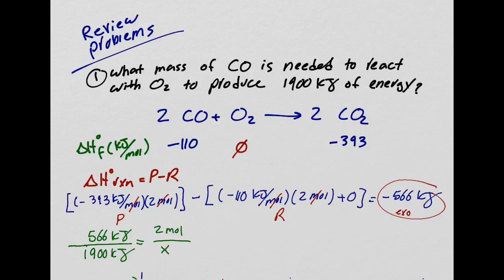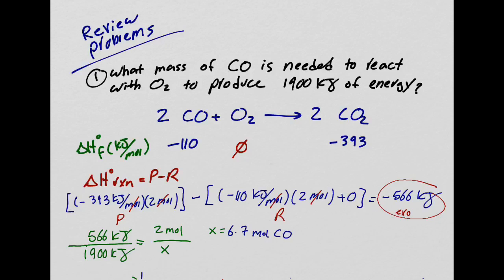Now I'm asking what I want. I want 1900 kilojoules of energy. So how many moles of carbon monoxide do I need? Okay, so if I solve for x, x is going to be 6.7 moles of carbon monoxide.